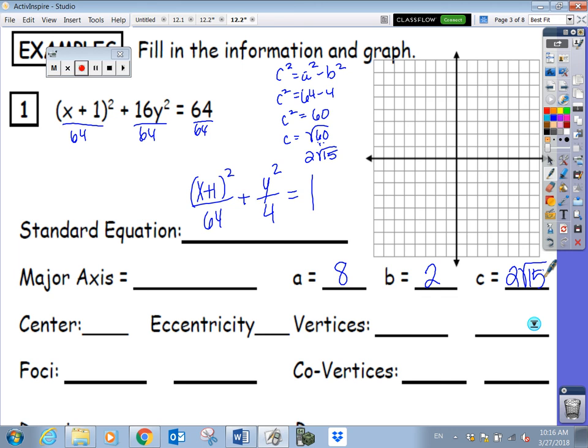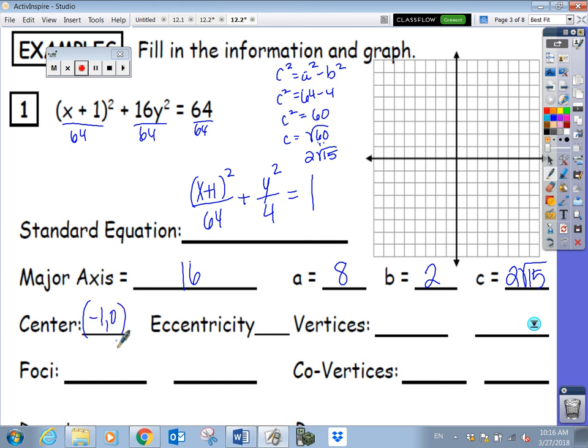And we can go ahead and write the major axis. The major axis is 2A, so we can say that's 16. It doesn't ask for minor axis, but if it asks for the minor axis, that would be 4, 2B. The center, I'm going to go ahead and write that because we can do that right now. The center is negative 1, 0.